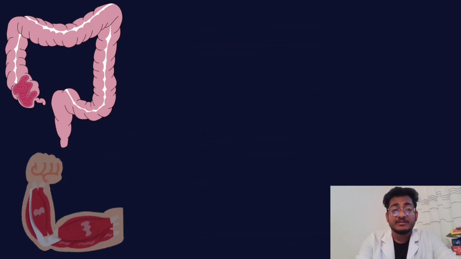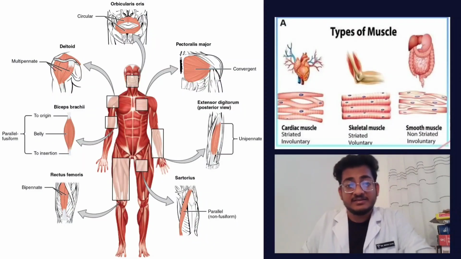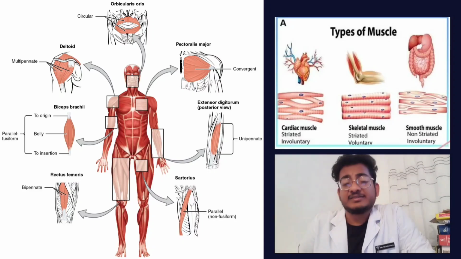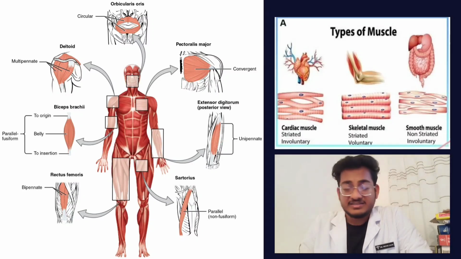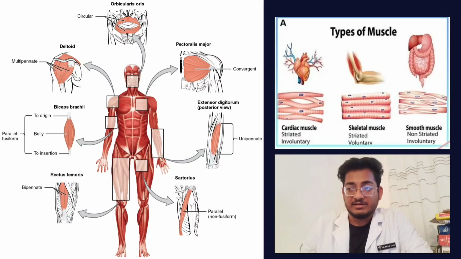So in this topic we will see the types of muscles: striated muscle, that is skeletal, visceral, striated or cardiac muscles, and non-striated muscles, that are smooth muscles, and skeletal muscles. It's just an overview; I will talk about them in depth.